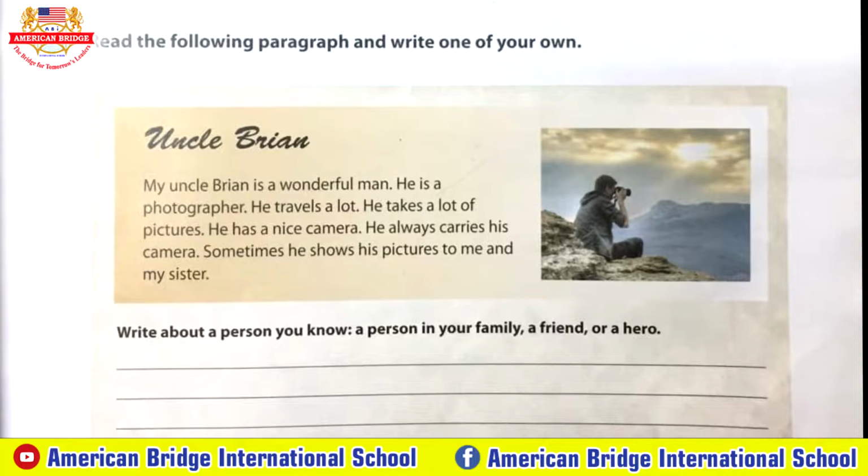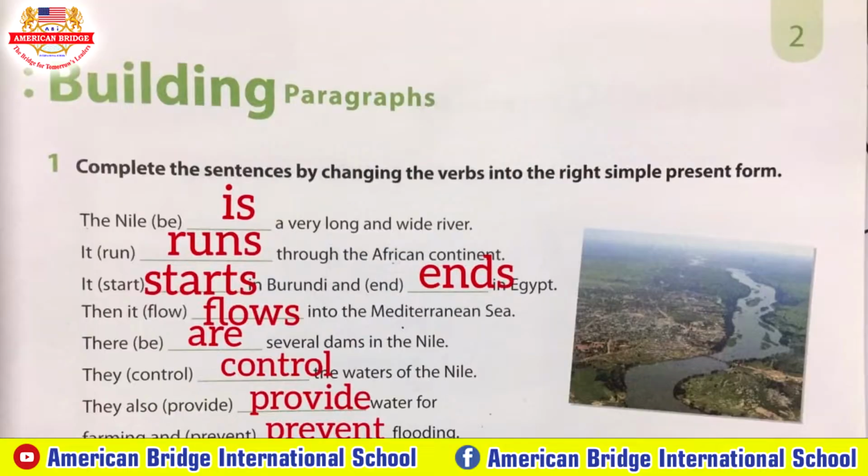So tell something about that person. By the way, everyone, if you didn't get the correct answer for our part 1, here's our answer for part 1. We change the verbs into the right simple present form. So here.